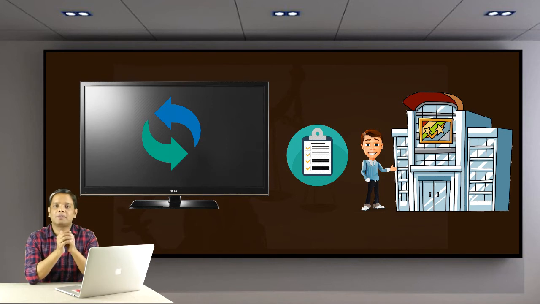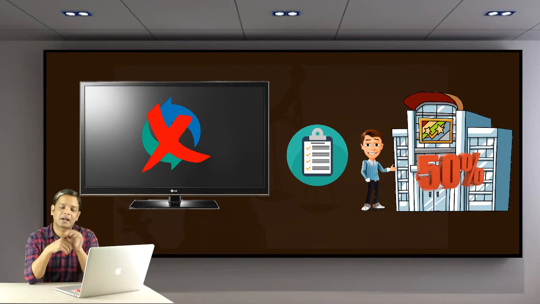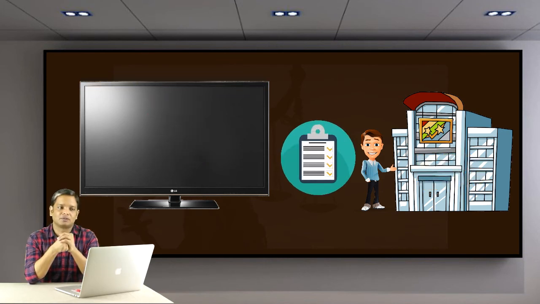But the shopkeeper refuses and says that as per our terms and conditions, I am liable to pay you only 50% of the price of this TV, as you can check at the back of the receipt that I gave you. This is against trade ethics.